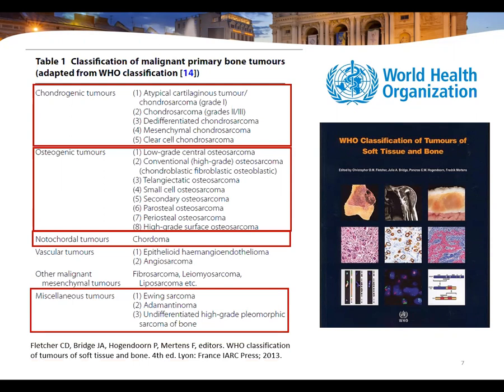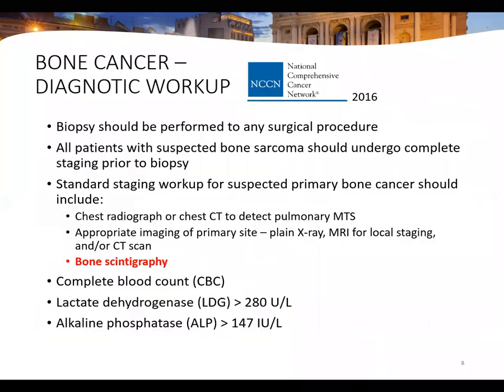So here you can see that we have a lot of different histological subtypes of bone tumors, depending on which part of the musculoskeletal system they grow from, and the diagnostics and treatment of those tumors and prognosis and general approach to these tumors very often is different.